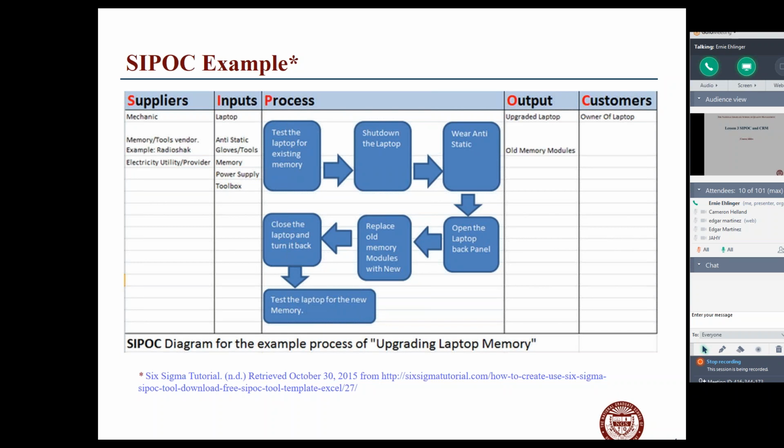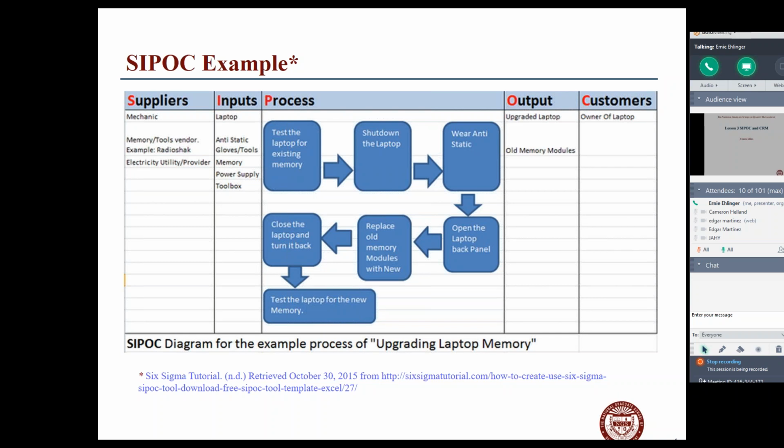Then we'll talk in more detail about what those customers' requirements are on these outputs. What do they expect from this organization? What does success look like to them? And so this is just an example of how one would look and how you put it together.